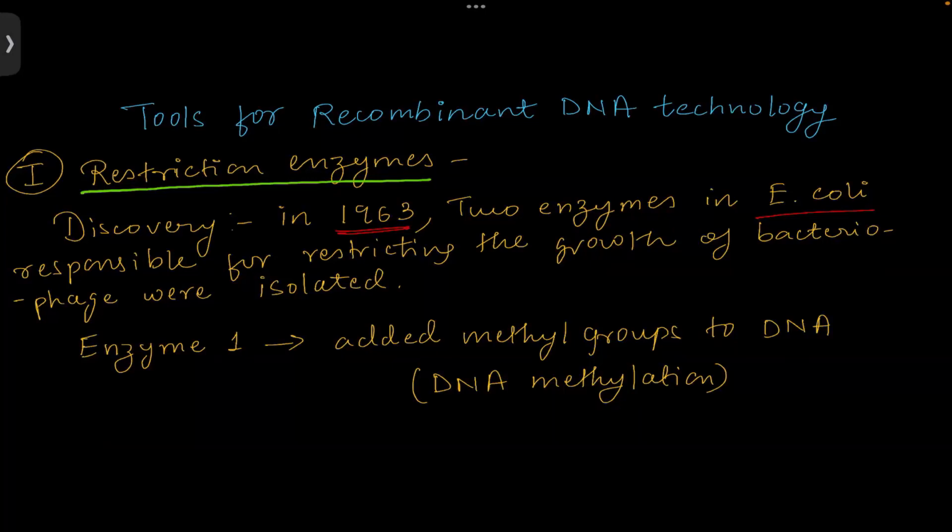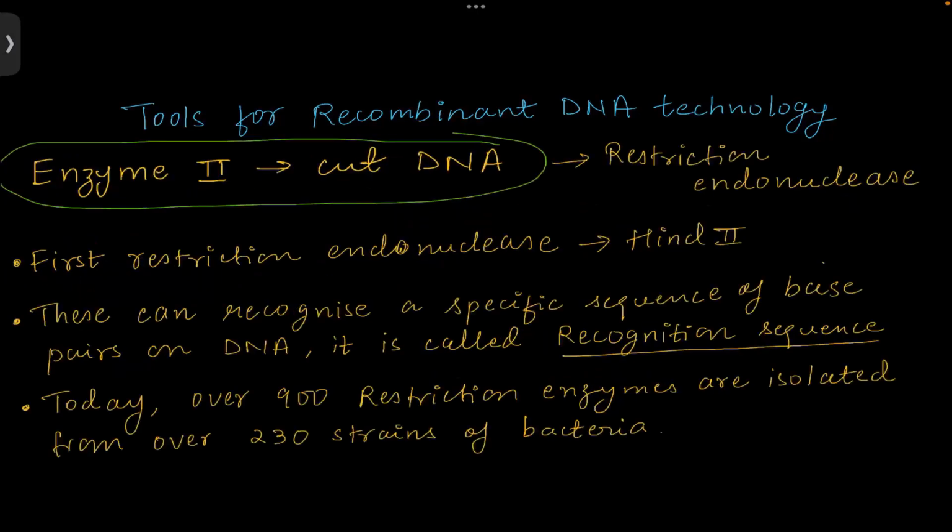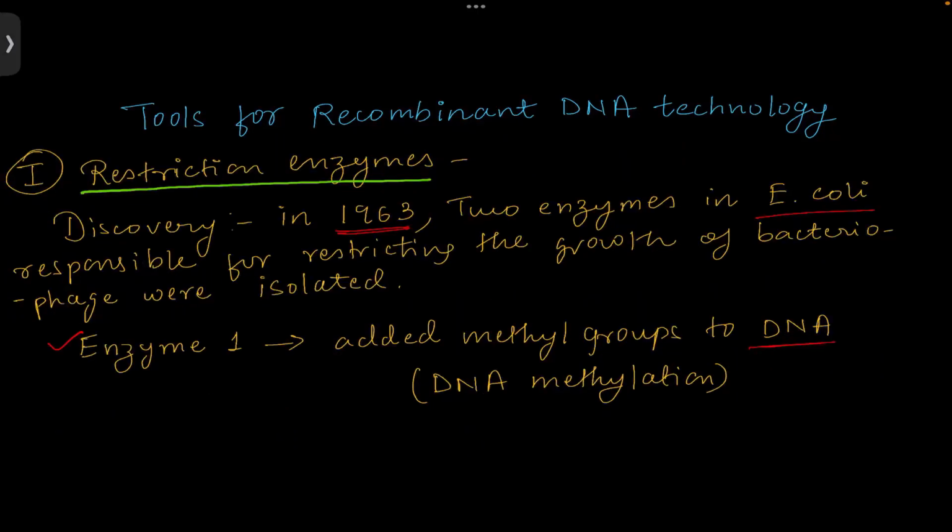They found one type of enzyme which could add methyl groups to the DNA. Here DNA refers to the bacteriophage DNA. Due to the addition of methyl groups, that bacteriophage DNA will not be able to get expressed. This process is called DNA methylation.